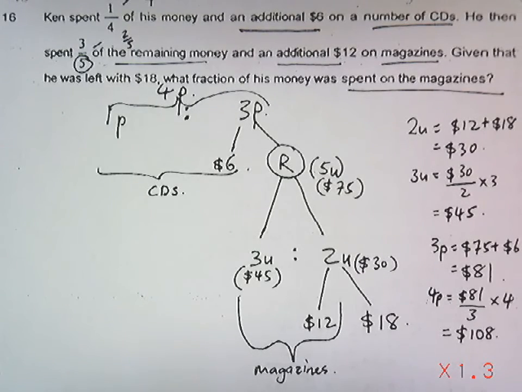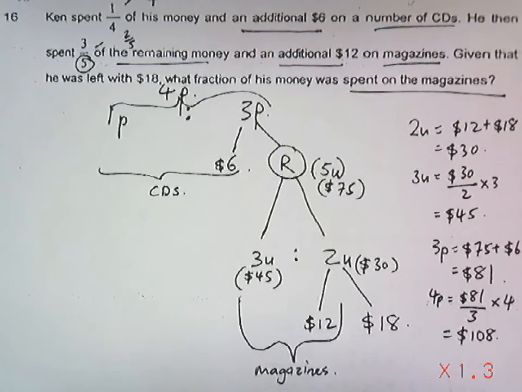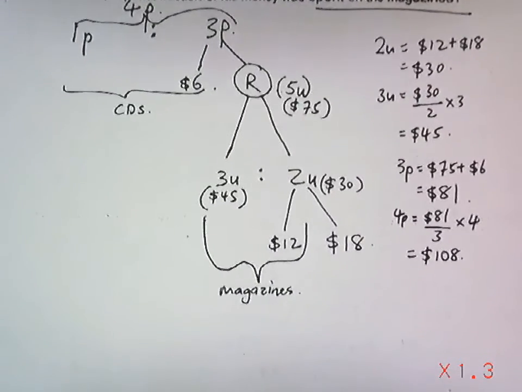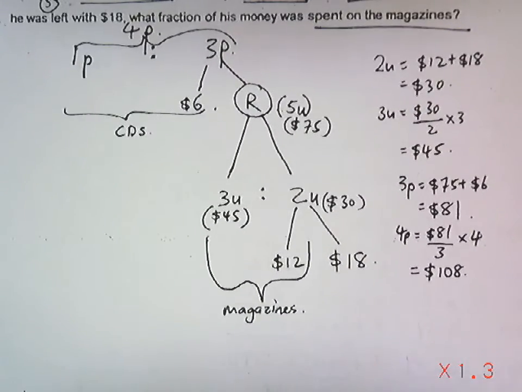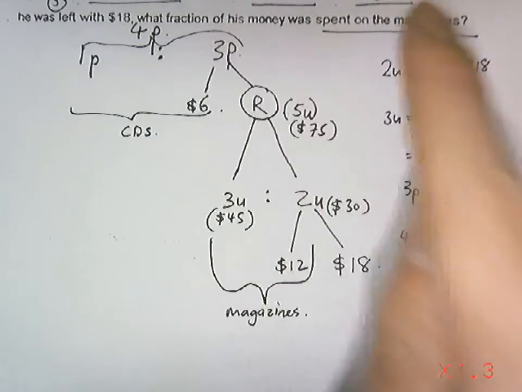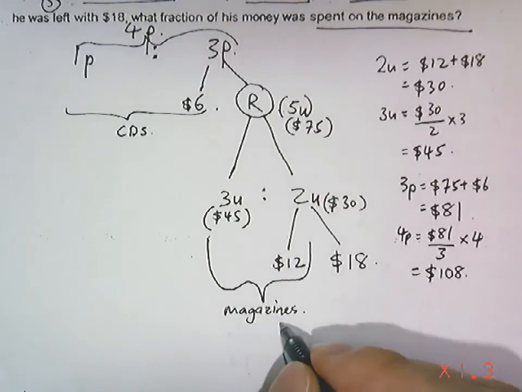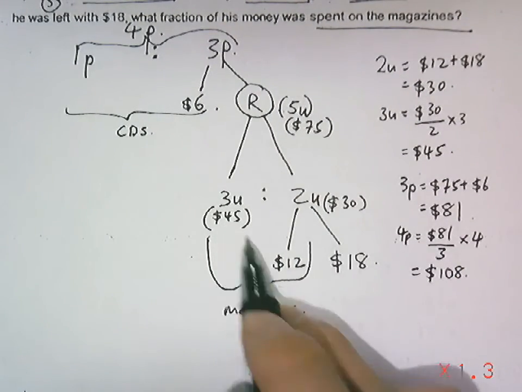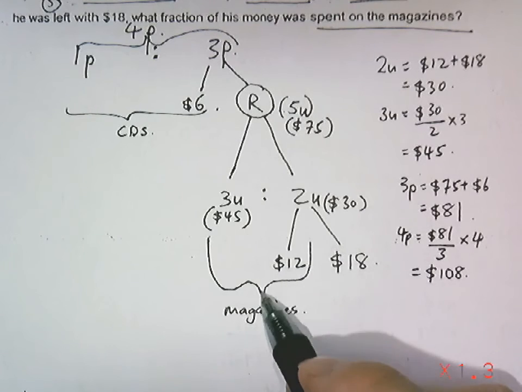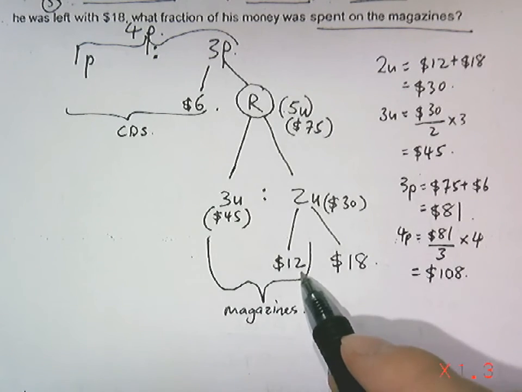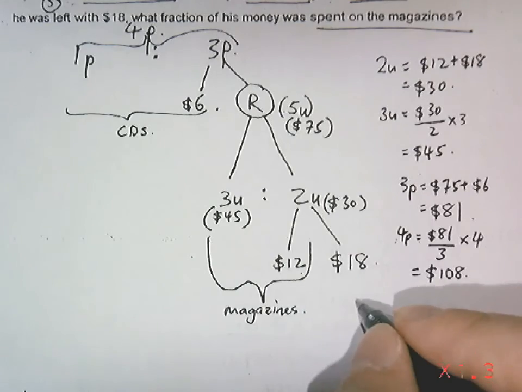So observe carefully, we can go and calculate the amount spent on the magazines, because the question asks the fraction of money spent on magazines. So the magazines part, $45 and this $12. It's clearly these two groups here, $45 plus an additional $12.